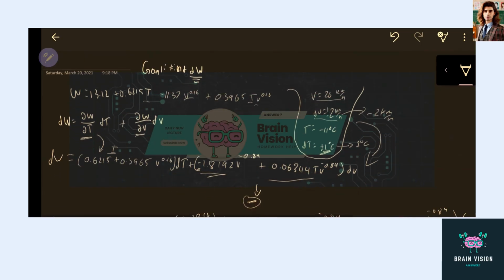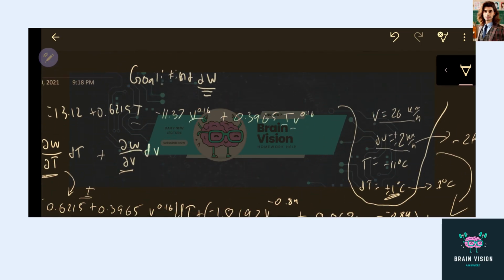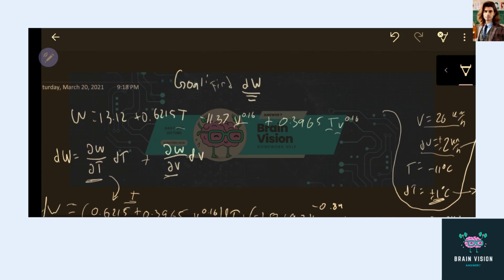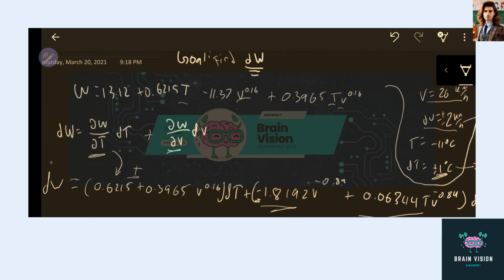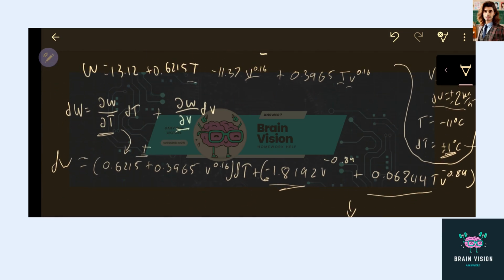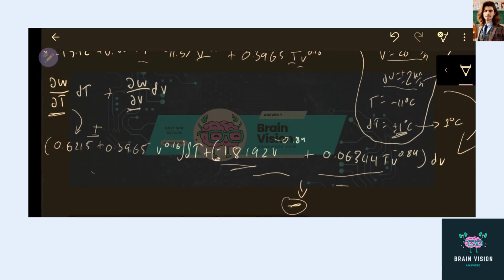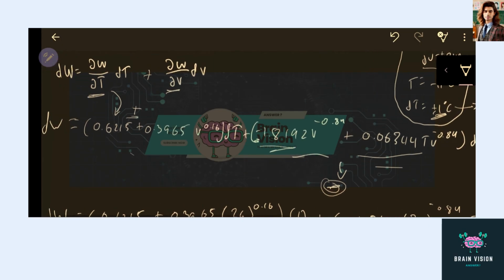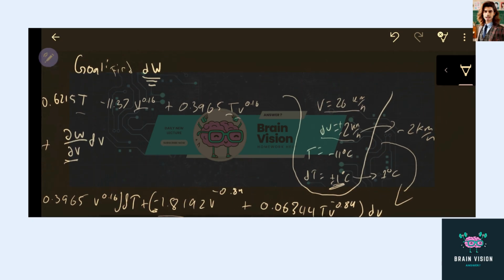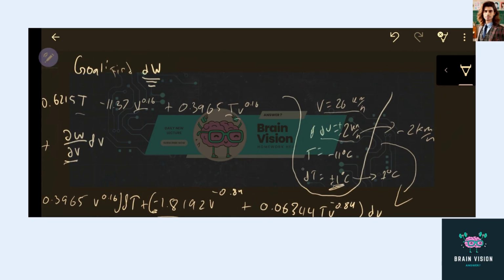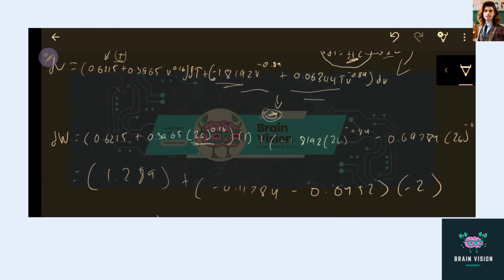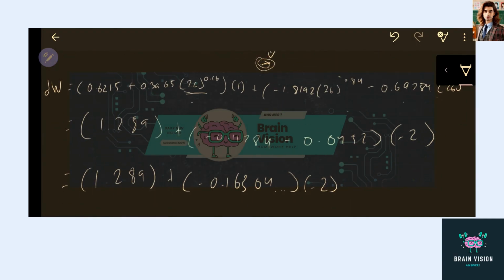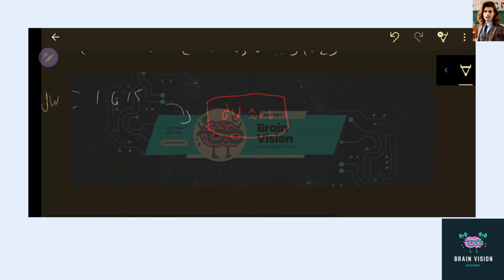So in this problem, it was really simple. Step by step, all we did is first we identified our goal, and that was to find dw, and then from there we defined w, defined all our parameters, and then we realized that we have to take the derivative, and then finally we took the partial derivatives here, and then from the partial derivatives we got that dv was negative and dt was positive, so then that narrowed down our values for dv here and dt here, and we realized that one was positive, one was negative, and from there it was a simple matter of just plugging in everything in their necessary spots, doing all the math, and finally getting the answer.